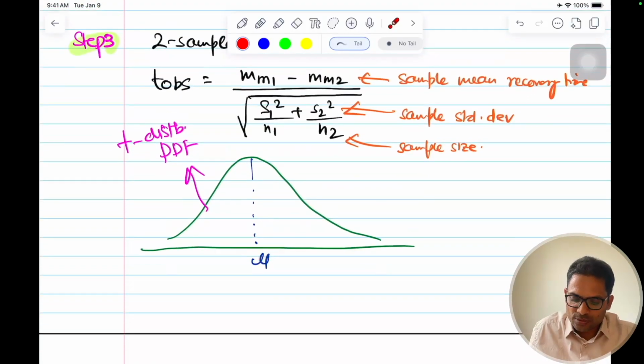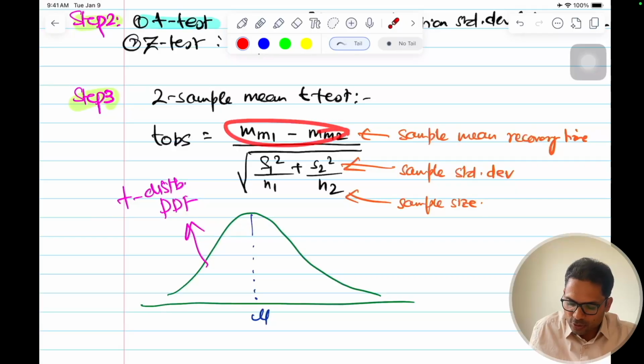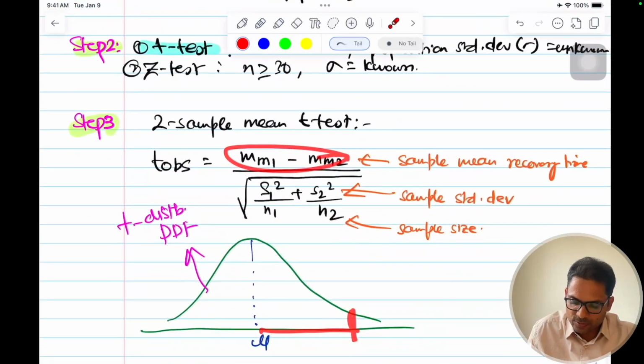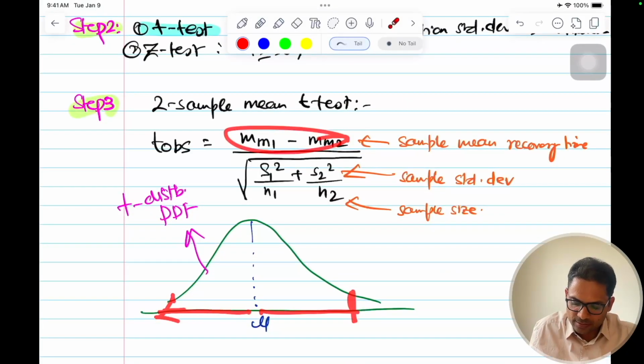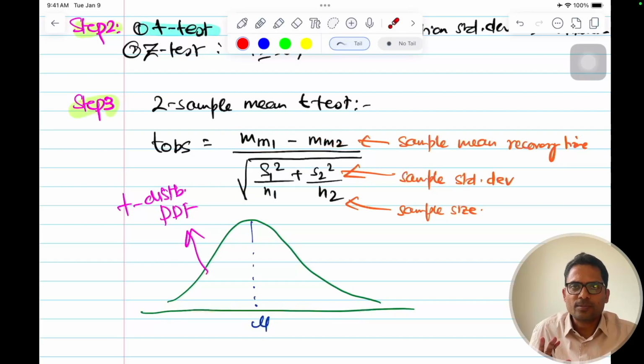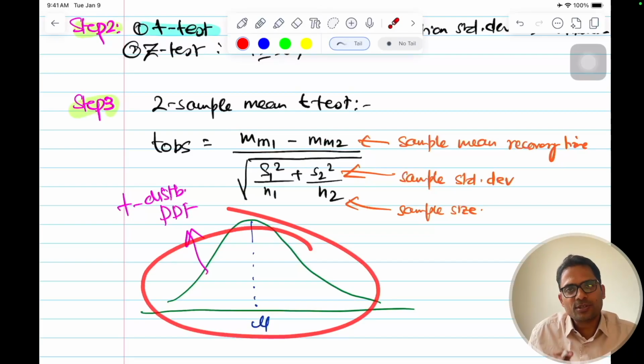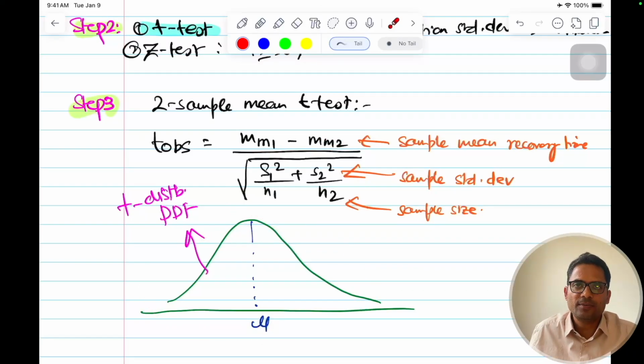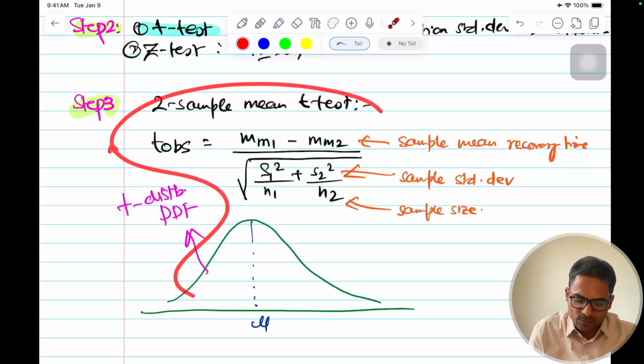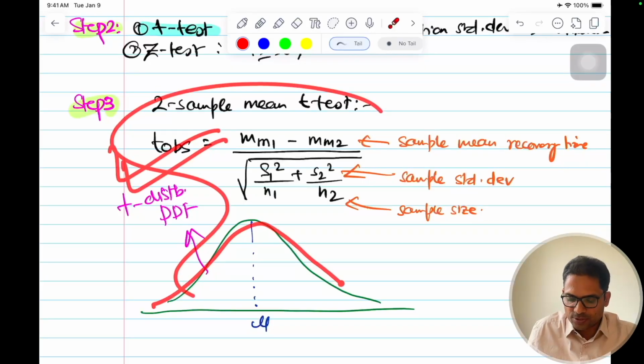If they are not the same and there is a vast difference, for example if m1 is less than m2, it will go away from the mean, this way or that way. Keep this intuition in mind. We'll use it later when we understand how to accept or reject, and p-value and critical value. So this is step 3: I now have a test statistic with a known distribution.